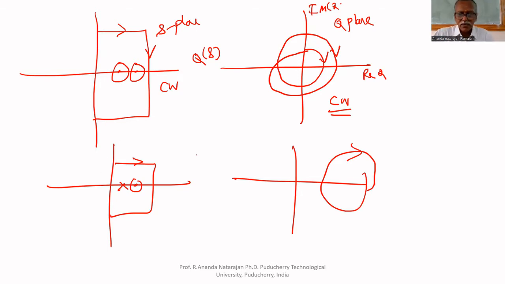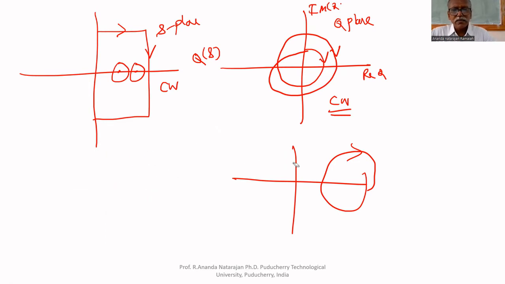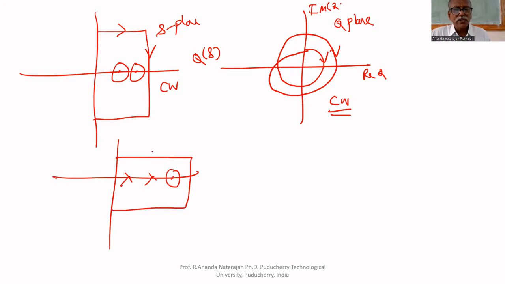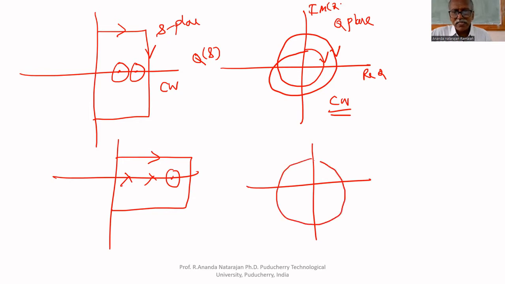Suppose I am having two poles and one zero inside the contour. It means it will encircle the origin in the anti-clockwise direction only once in the Q plane. The contour is taken in the S plane.